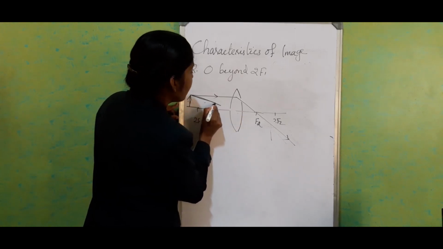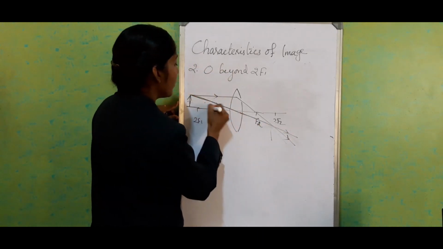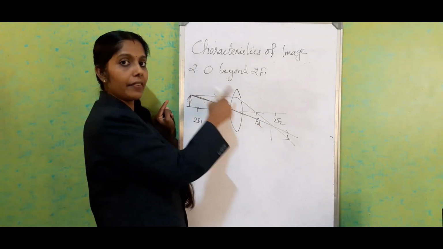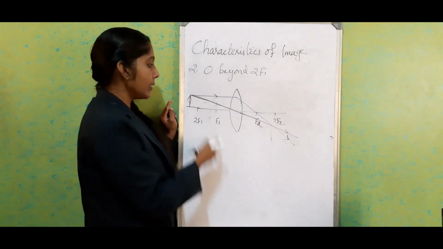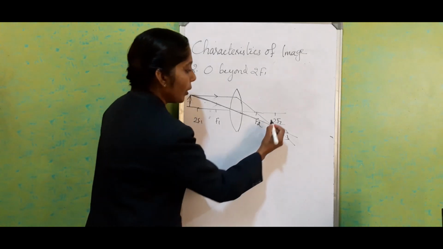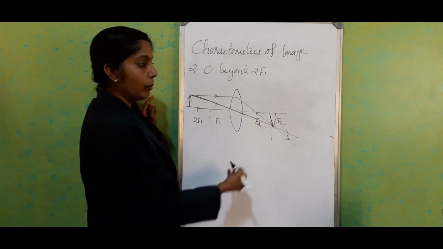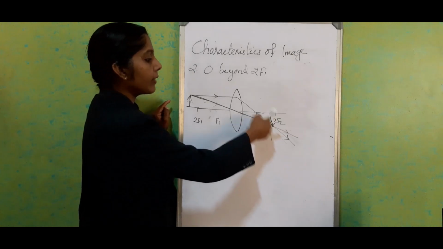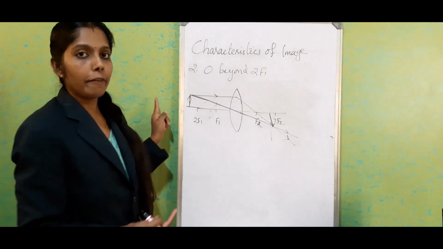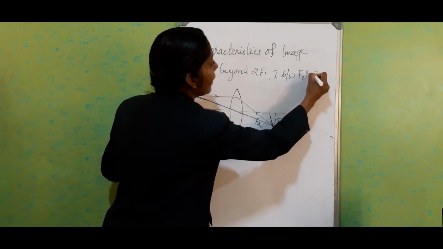So we selected two rays: one parallel to the principal axis, which after refraction passes through the second focus, and another passing through the optic center, which goes undeviated. Between F2 and 2F2 we get an intersection, and here is the position of the image. So when the object is beyond 2F1, the image is between F2 and 2F2.